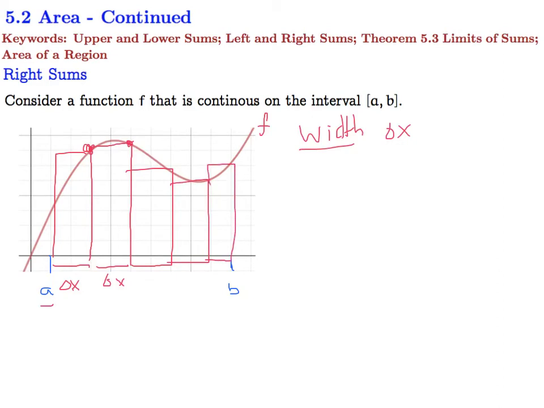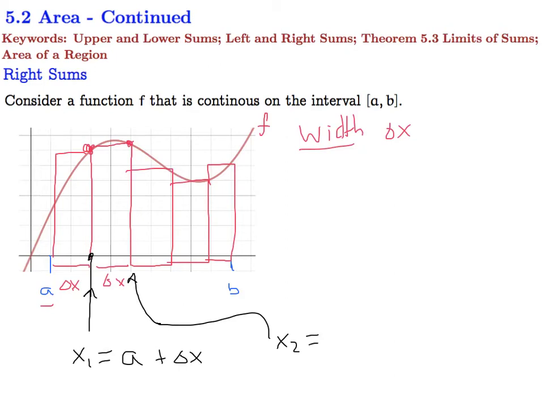And so what we have here is a series of points, and I'm going to give them names. This point right here is going to be x1, right up here on the line. And x1 is equal to a, my starting point, plus delta x. I moved over one space. Next, I have a point which I'm going to call x2, another endpoint of my interval.